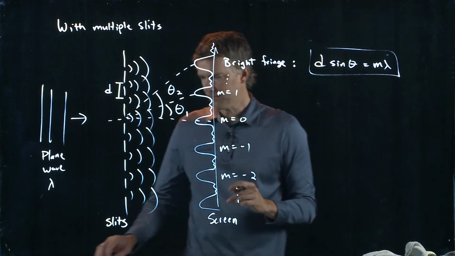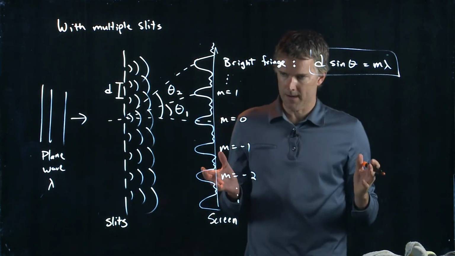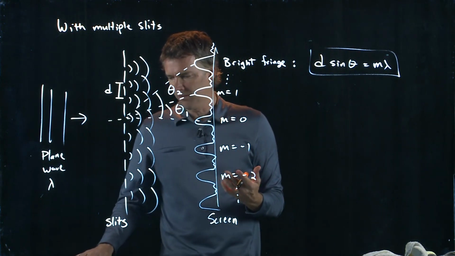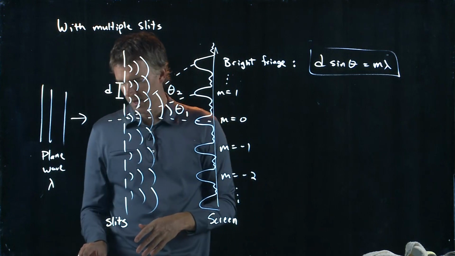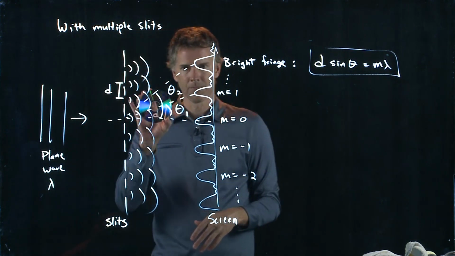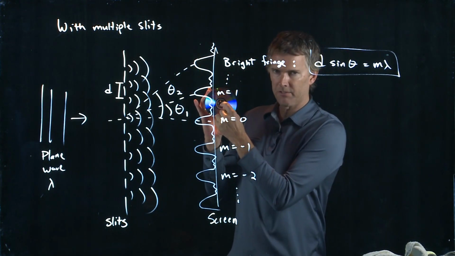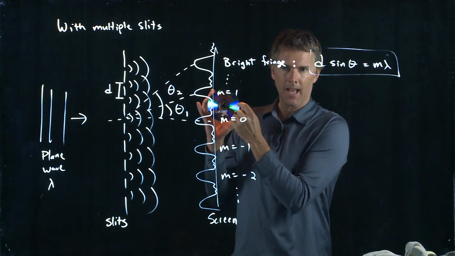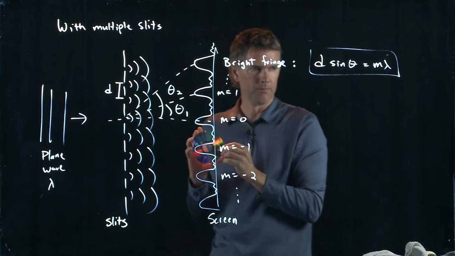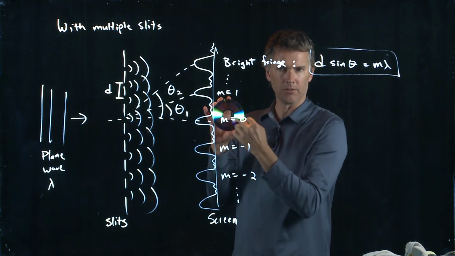So diffraction gratings we use, of course, all the time in physics, but in fact you can see them everywhere. If you go back to your compact disc, the compact disc has a whole bunch of little spots on it. And those little spots act just like these little holes. Spherical wavelets are going to come off of each of these little spots.